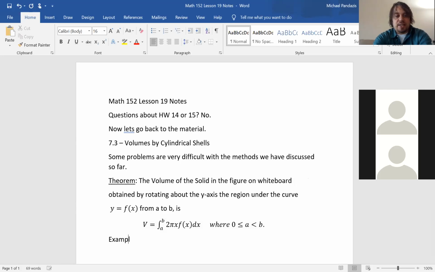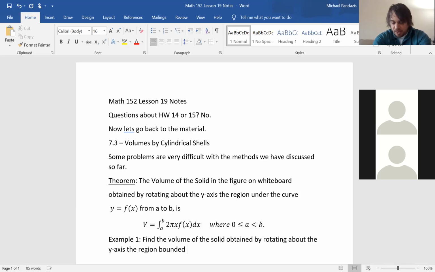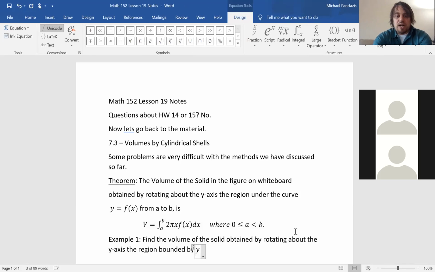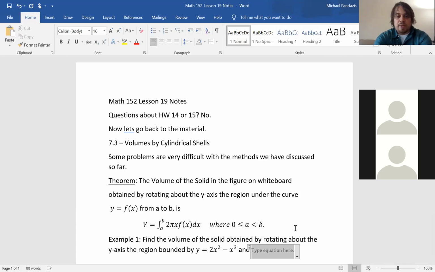Example 1. Find the volume of the solid obtained by rotating about the y-axis, like we were talking about, the region bounded by y equals 2x squared minus x cubed, the exact example, and y equals 0.